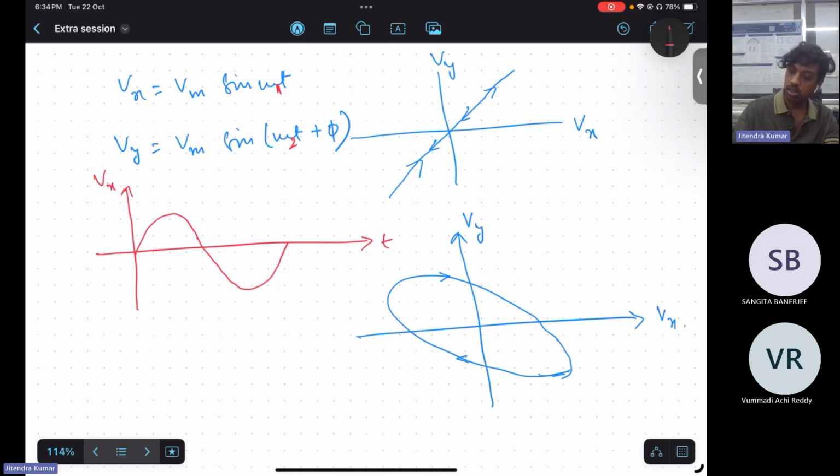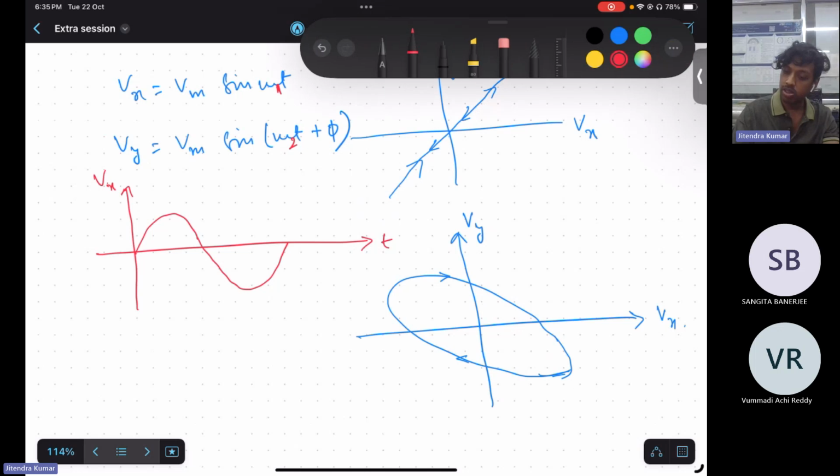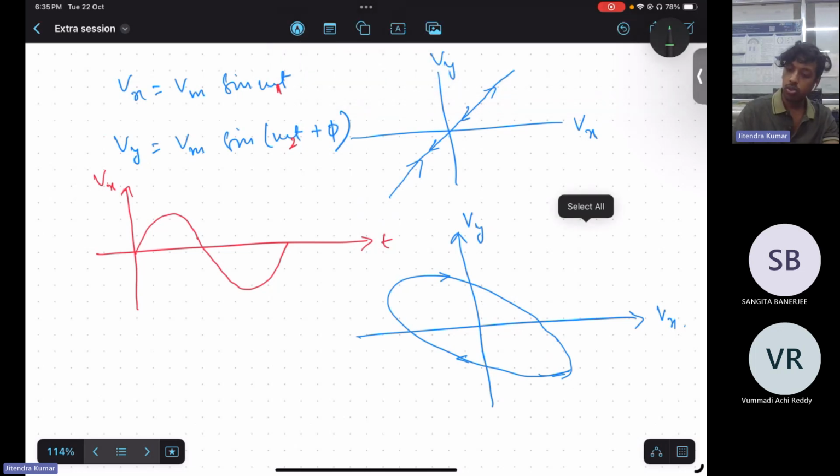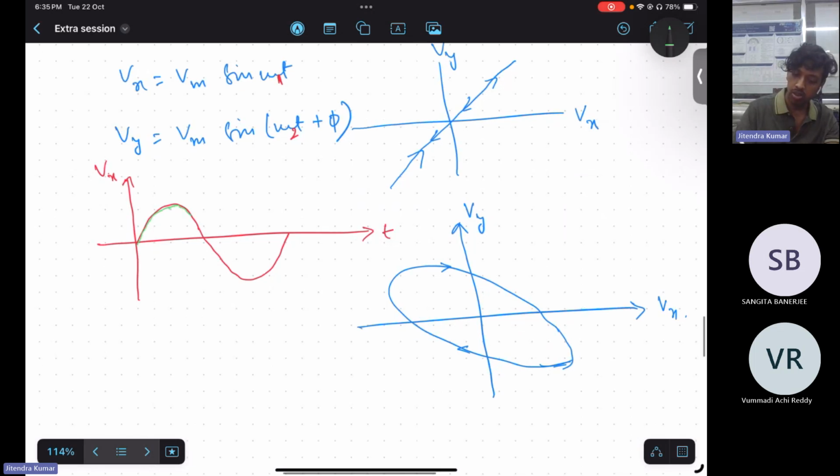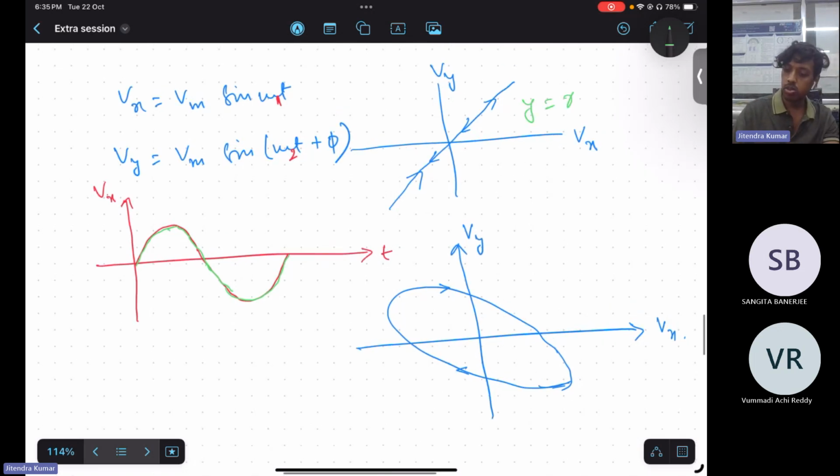If you want to draw the Vy with respect to time, so Vy is equal to Vx at all the instances. So it will superpose this waveform, right? This curve will be y is equal to x.